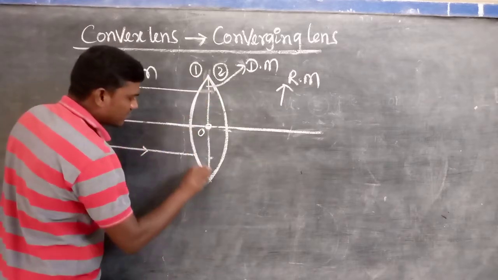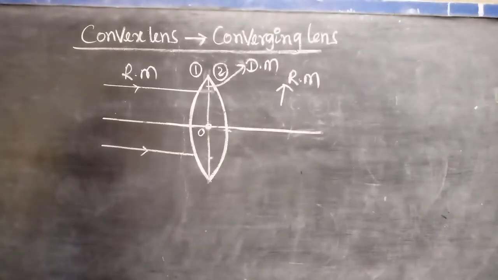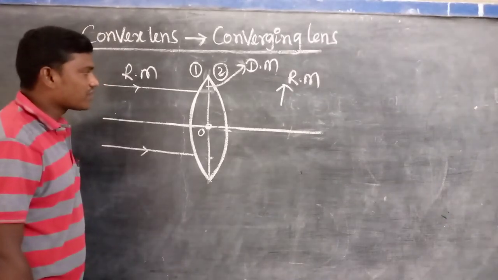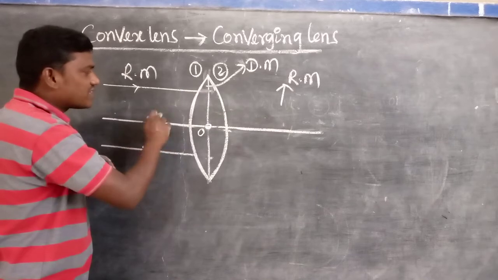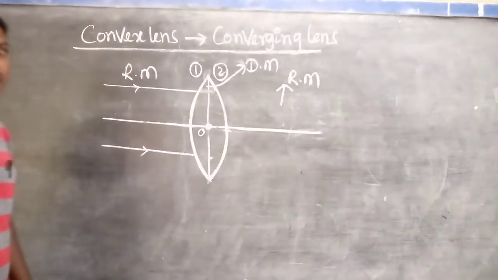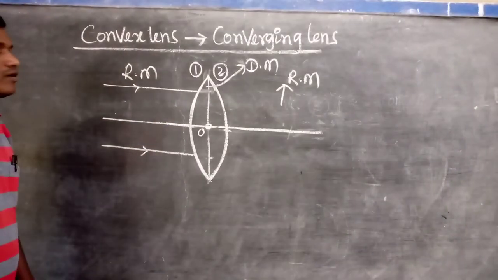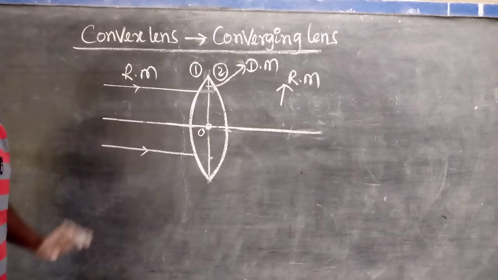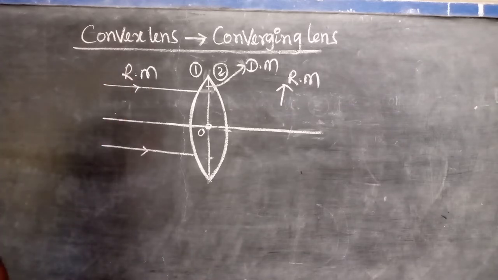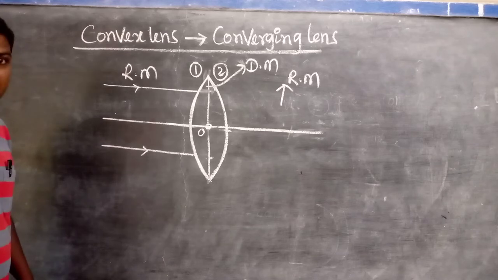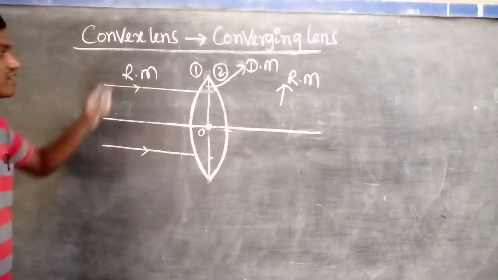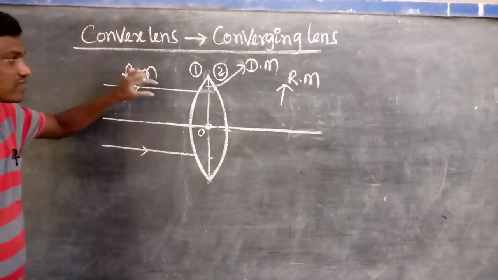I explained refraction at a curved or spherical surface in the previous video. When light falls on any curved or spherical surface, to draw the refracted ray you must draw a normal. To draw the normal, we draw a tangential line at the point of incidence. The tangential line represents the refracting surface at that point.